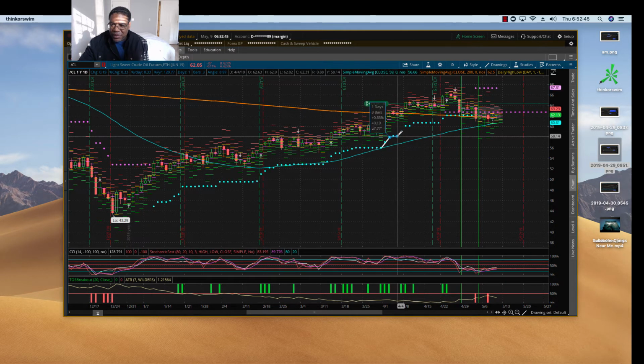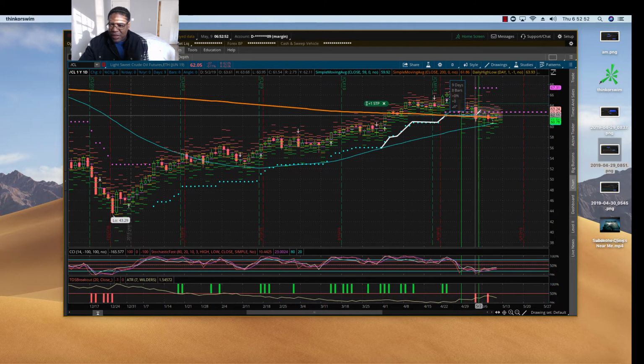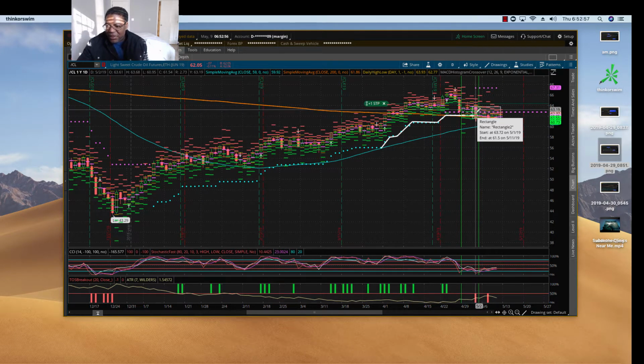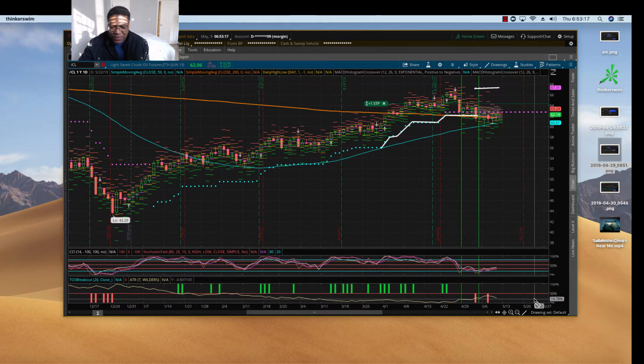So we'll just outline that daily average true range, and you can see right here, this bar on the 2nd of May penetrated the average true range trailing stop, and now it's up here. So we're in a resistance mode. We're making new lows now. See, this is a new low, this is a new low. So we're anticipating new lows, more of these.